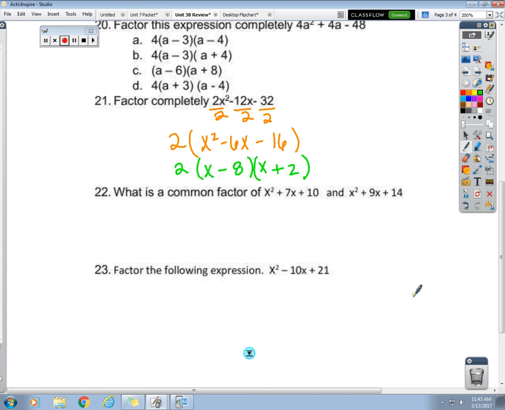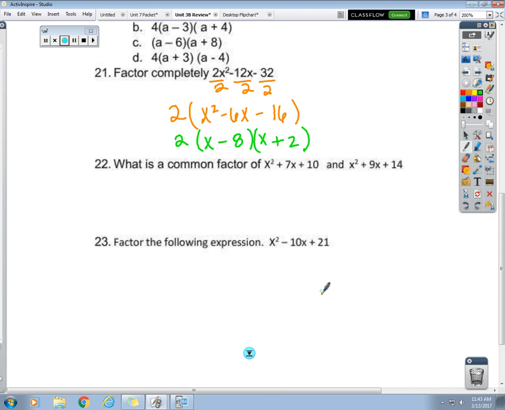Alright, number 22. What is a common factor of x squared plus 7x plus 10 and x squared plus 9x plus 14? So what they're wanting you to do for this problem is factor both. Okay, so what would the factors be that would give you this trinomial? x times x will make x squared, and then what numbers multiply to 10, add to 7? 5 and 2.